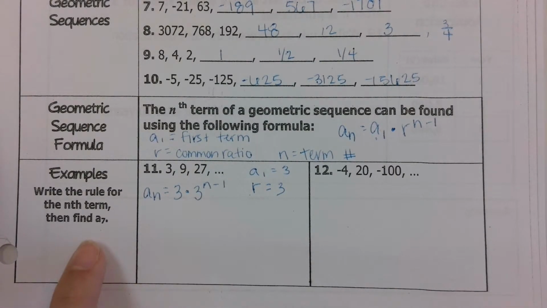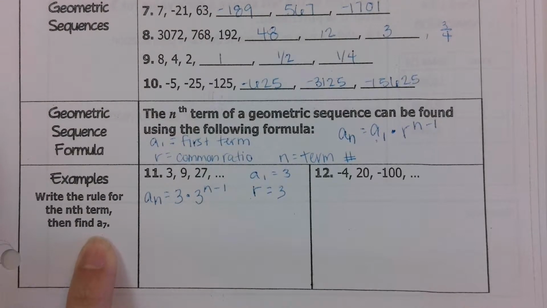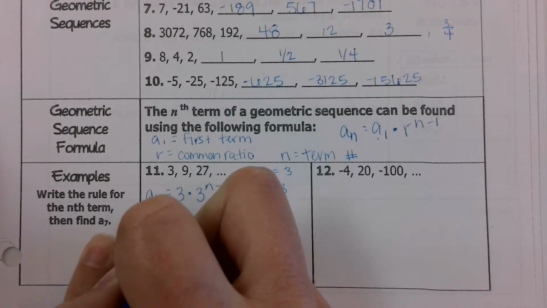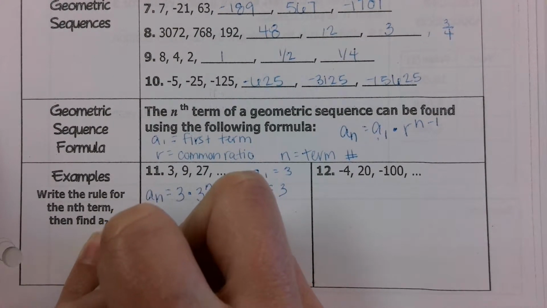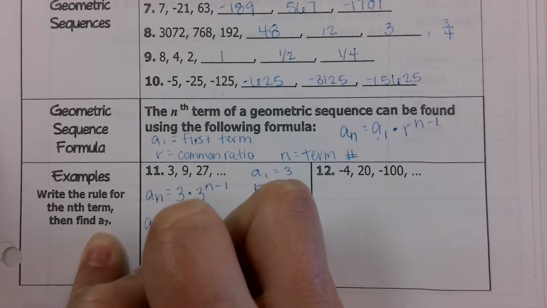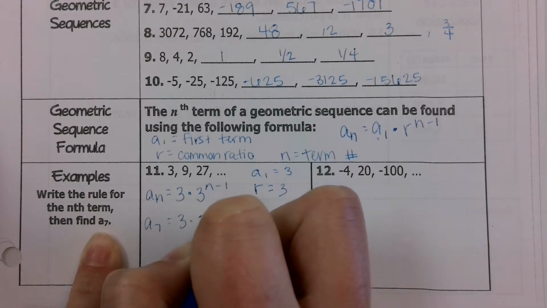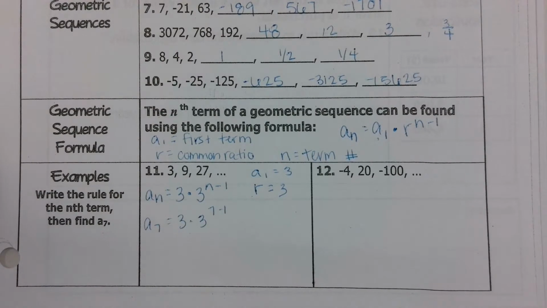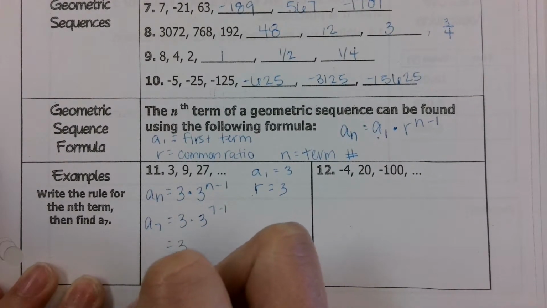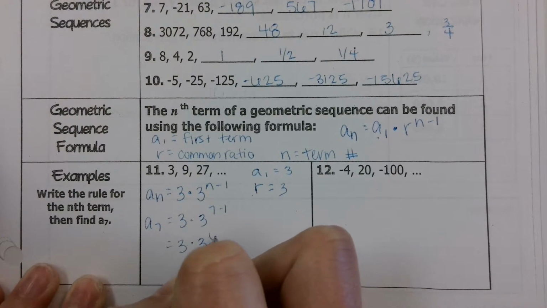Now this wants us to find the 7th term, a sub 7. So when we do that, you're just plugging in a 7 for n. So we'll say a sub 7 equals 3 times 3 to the 7 minus 1. And what is 7 minus 1? So this is really just 3 times 3 to the 6th.